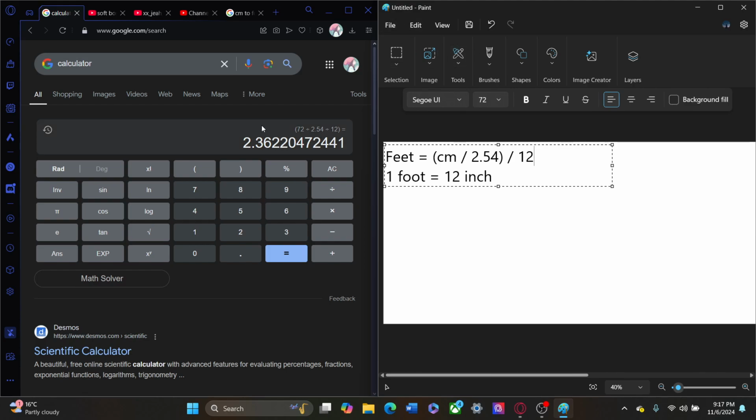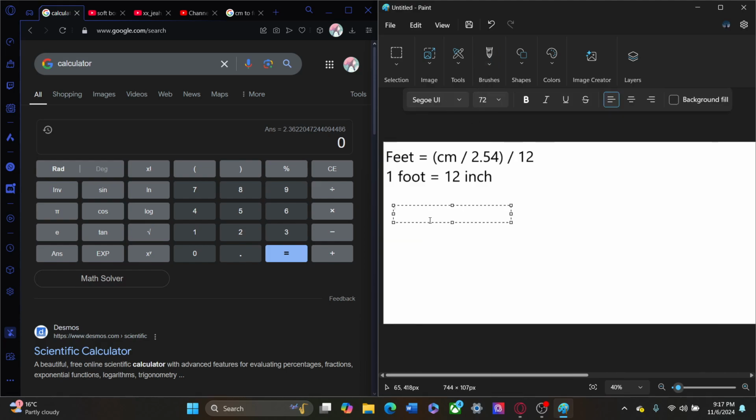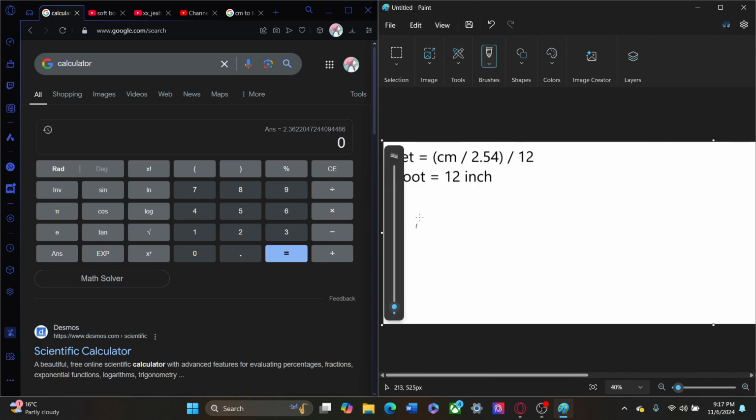Now we'll do an explanation right here, right? I already done it, but we can do it one more time. So let's say that we have 72 centimeters. Okay? Easy number, always easy number. Okay?